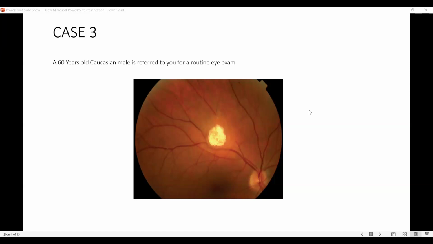Okay, then what other systemic signs would you like to look for in this patient? What other systemic features would you like to look for in this patient? Like any other systemic signs or anything?